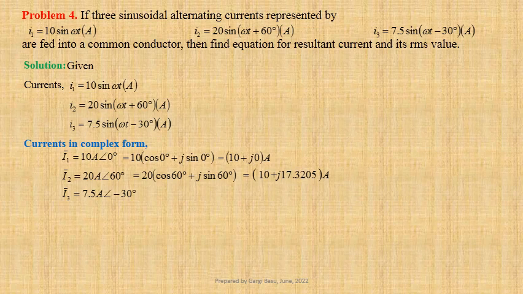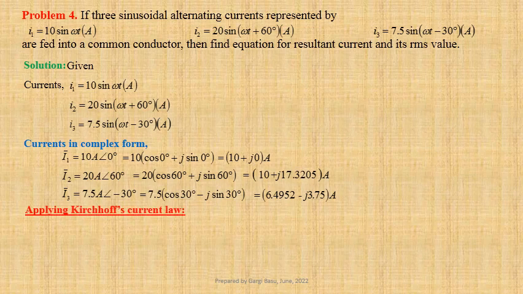This may be written in Cartesian form as 7.5 times cos of 30 degree minus j sine of 30 degree, that is equal to 6.4952 minus j3.75 ampere. Applying Kirchhoff's current law, we get the resultant current I equals I1 plus I2 plus I3.